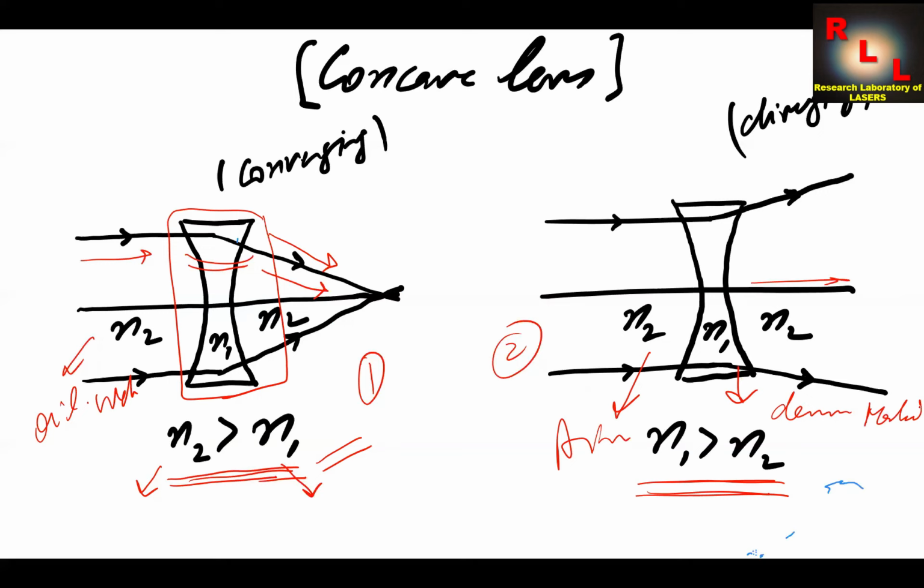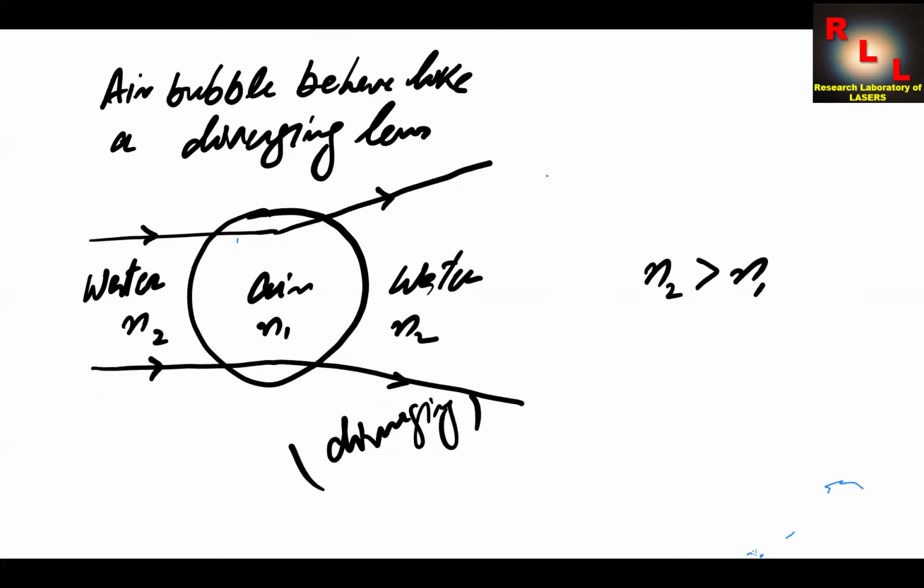So light is diverging. Things depend on refractive index. One of the examples you will see on the next slide. Here, this is an air bubble.